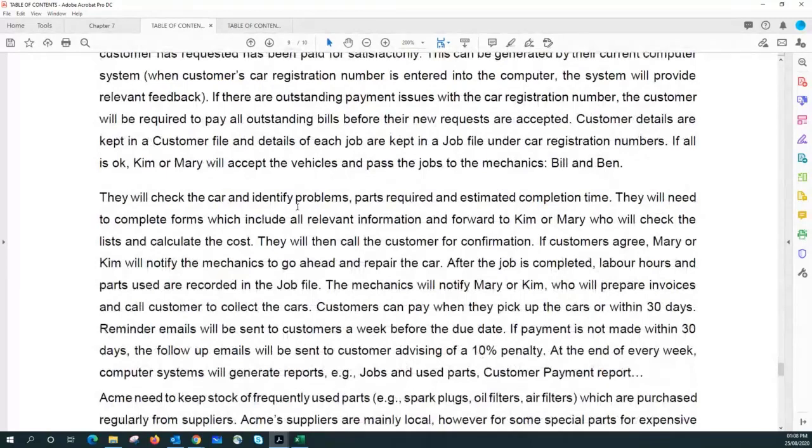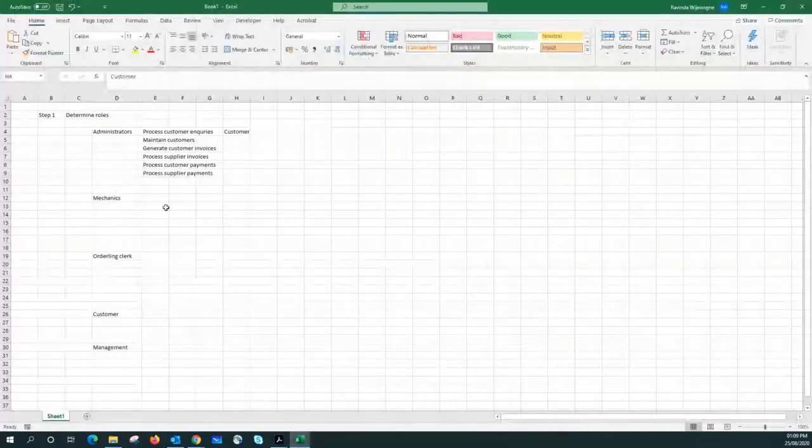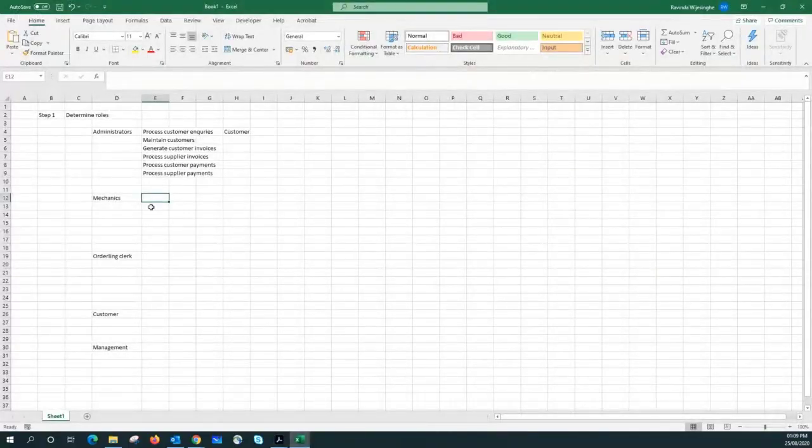Now we come to the mechanics. They will check the car and then identify the problems. We can have a use case to handle that: diagnose problems, because they need to make a note in the system about what the problem is. So this use case is exclusively invoked or handled by the mechanics.